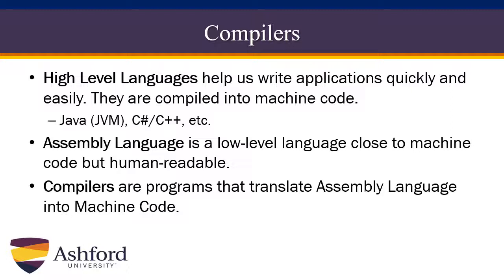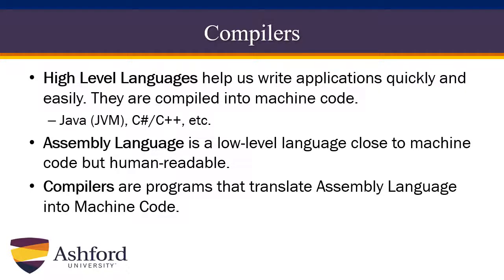But in the case of a C# or C++ application, for example, you may compile that to run as a Windows application, which generally is going to run on an Intel architecture, an x86 or 64-bit architecture. And it has to translate the code that you wrote into machine code that the Intel processor can understand. Processors can only understand the commands or the opcodes that were designed into them by their engineers.